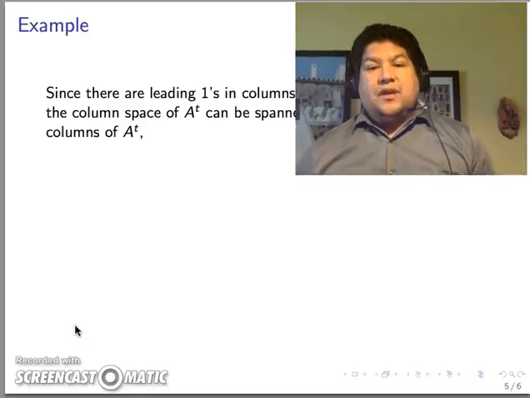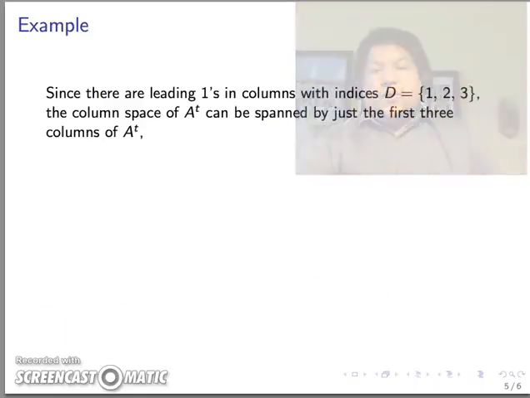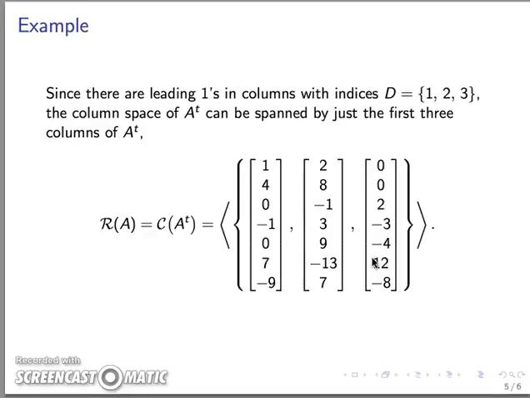This is basically what we had done before when we studied column space. Then this subset is linearly independent and spanning, so it's what we call a basis. This would be a basis for the row space of the original matrix A.